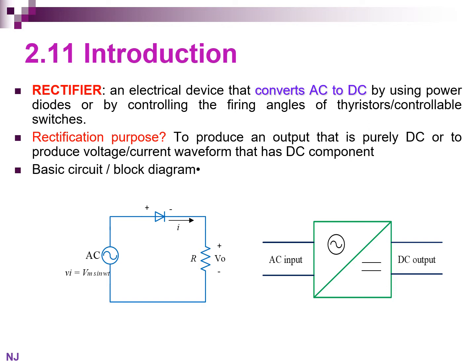This is the basic circuit and block diagram of the rectifier. The circuit has an AC source, a diode, and a resistor. The rectifier converts an AC input to a DC form.